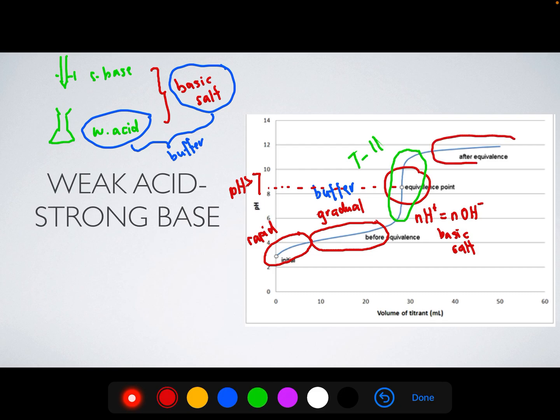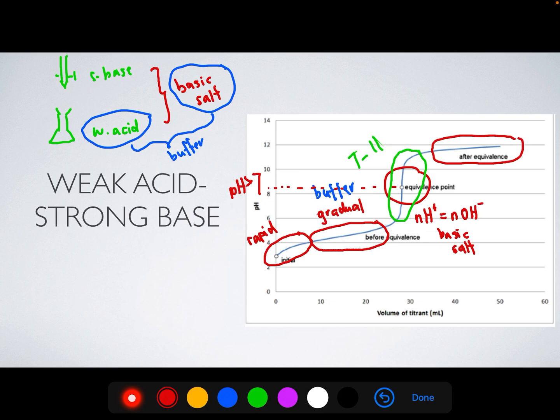pH increment will becomes gradual, and usually the pH will depends on the pH of the strong base. Sebab pada waktu ini yang ada dalam kita punya conical flask is mostly our strong base. Okay, so itulah dia the titration curve for each different titration yang kita akan bincangkan untuk kita punya syllabus.